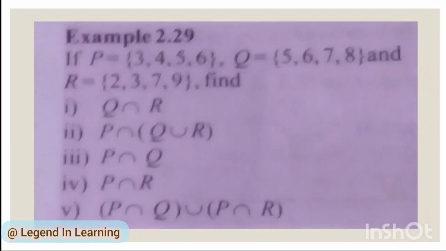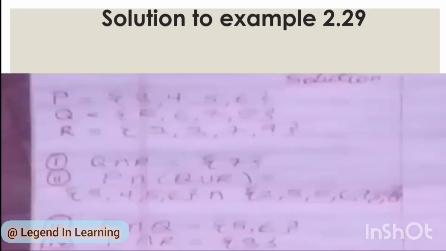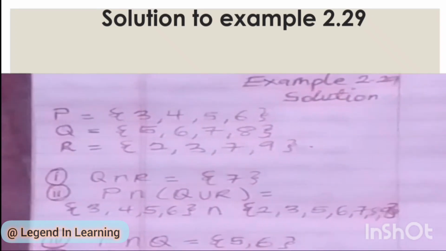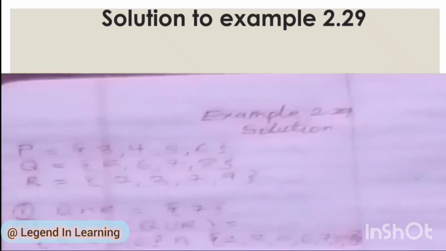Now this is an example. If P is equal to 3, 4, 5, 6, Q is equal to 5, 6, 7, 8, and R is equal to 2, 3, 7, 9, find Q intersection R, and P intersection Q union R. So this one is very simple. Let's look at how to solve this question. This is probably our last example.